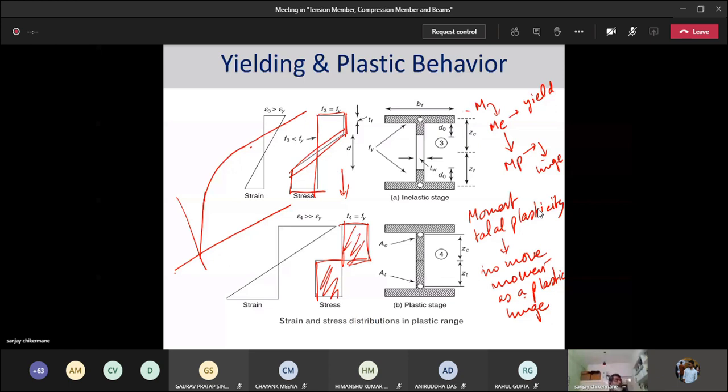So this is the kind of behavior that a section is fundamentally going to show. Now, this is usually made by joining this and made into an elastic plastic kind of sectional behavior, whereas the actual behavior is always going to be an asymptotic behavior, but this is your generalization of that behavior.